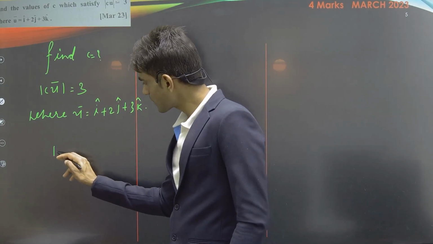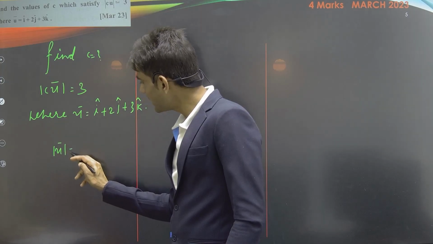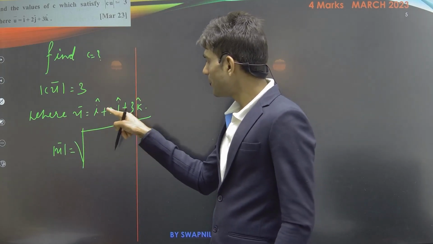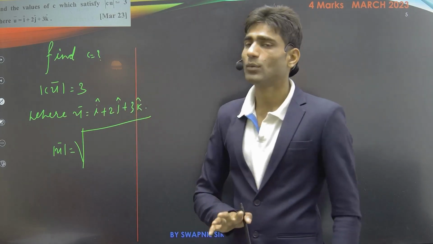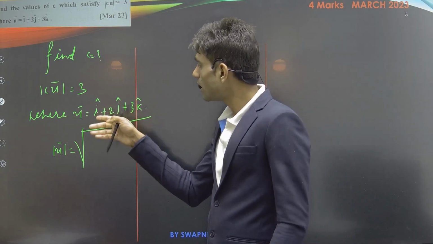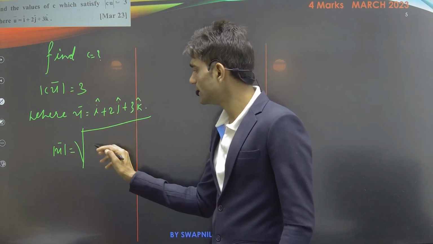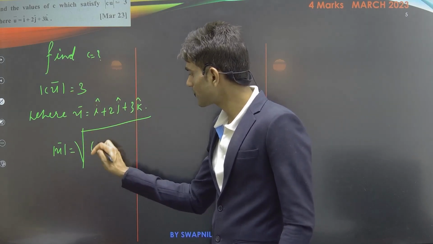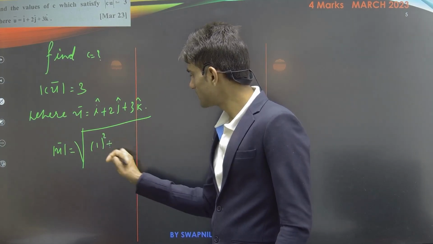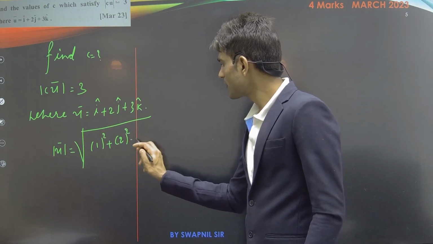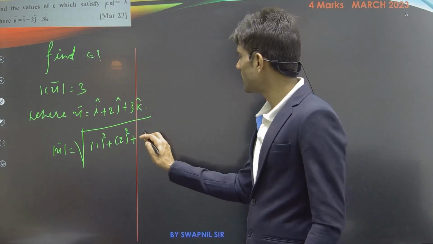The modulus of u bar is the square root of the first coefficient squared, that means 1 squared, plus the second coefficient squared, that means 2 squared, plus the third coefficient squared, that means 3 squared.